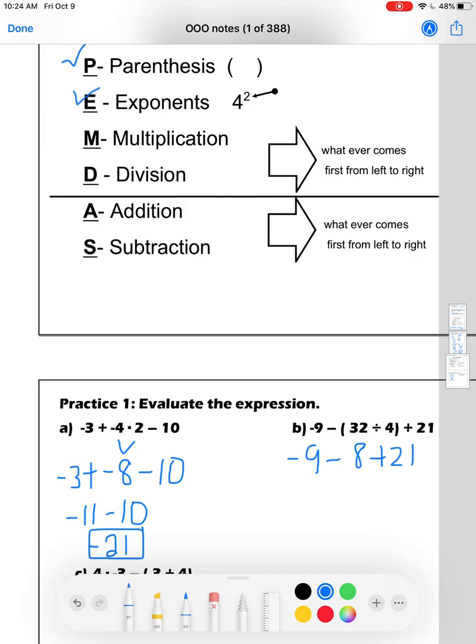Next, there are no exponents. There's no multiplication, no division. There is addition and subtraction, so we have to do what comes first from left to right. So we have subtraction first. Negative 9 minus 8 gives us negative 17. Negative 17 plus 21 gives us positive 4.